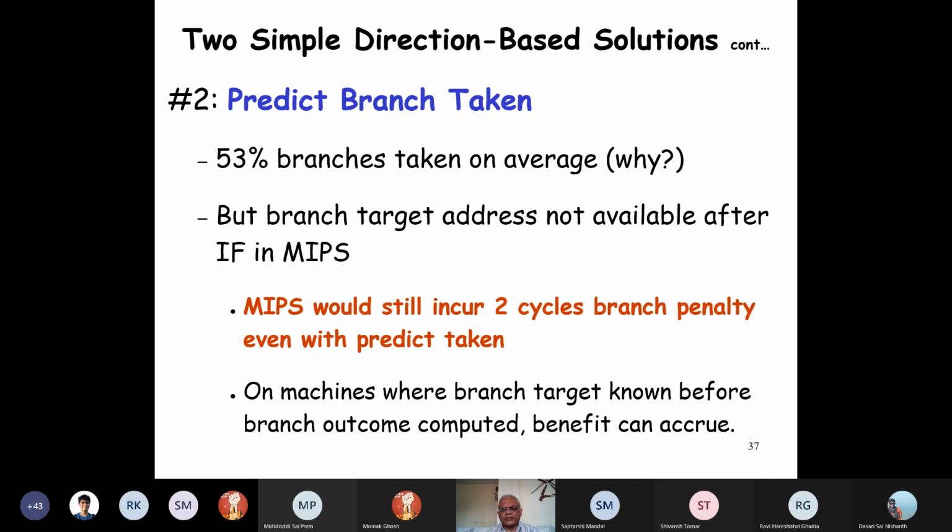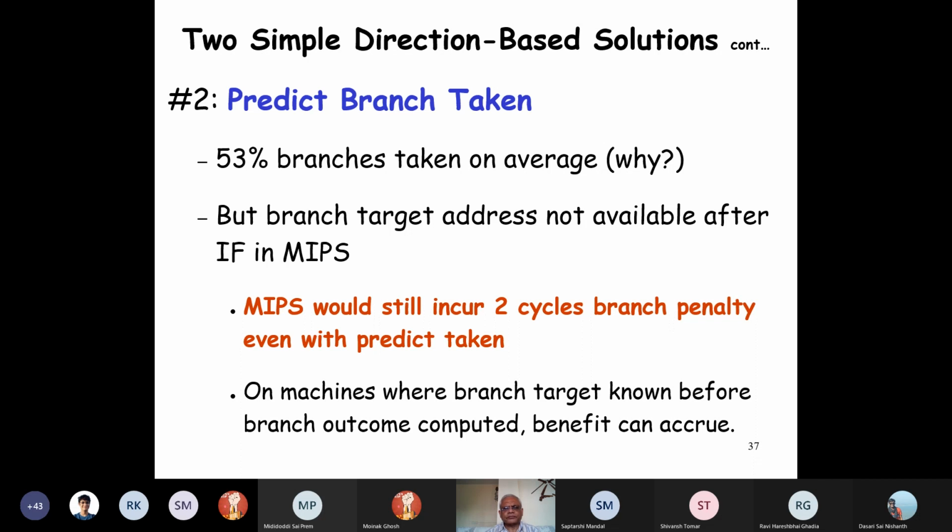Target, we don't know, taken, okay, fine, but still we need to stall because the target will be computed much later, that is after the ALU stage. So we still need 2 cycle delay, as if the branch taken is not helping us at all. So there is zero use of the branch taken approach.